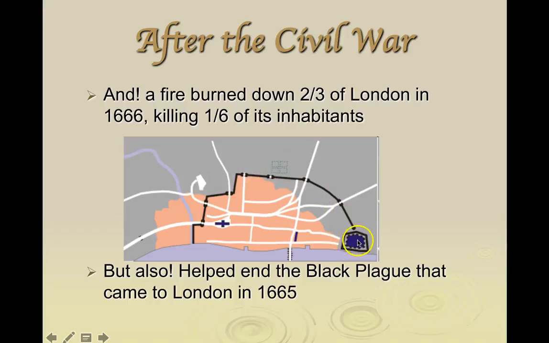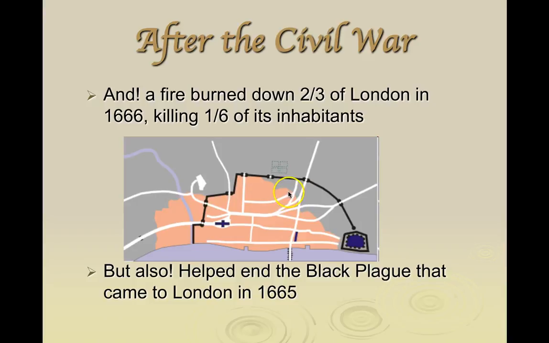This is supposed to be the Tower of London. This is most of the historical part of London, and this is sort of the suburbs at the time. But everything that's in orange here burned to the ground. Everything. It was utter devastation.